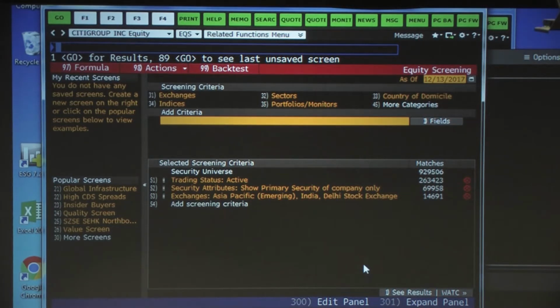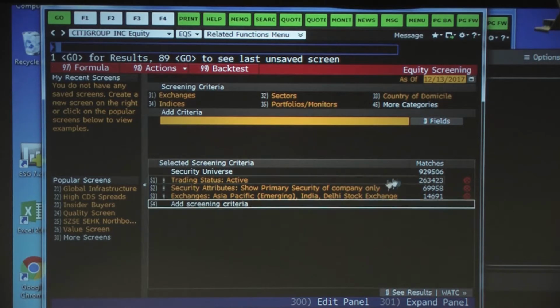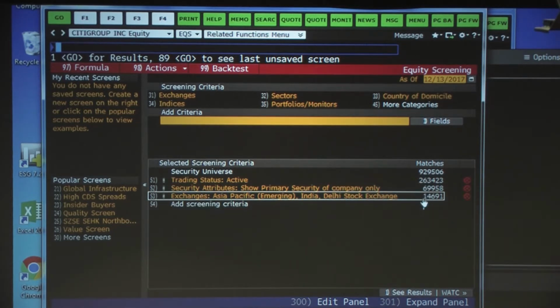The first search shows all trading stocks that are active within India, and then we have all stocks that show the primary security of a company, because certain companies have multiple levels of stock. They could have multiple levels of preferred shares, so that's why it might show up there. And then we have companies that only show up on the India stock exchange.